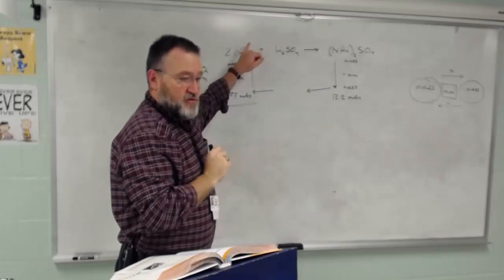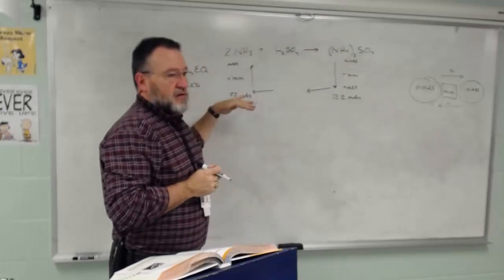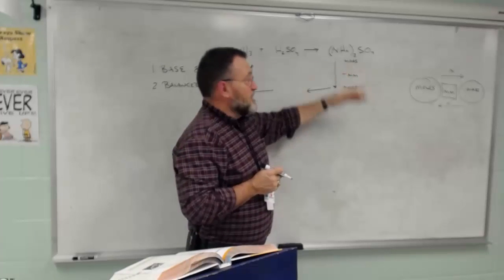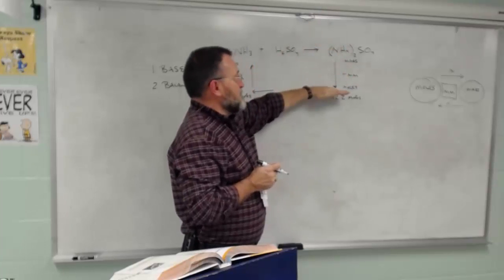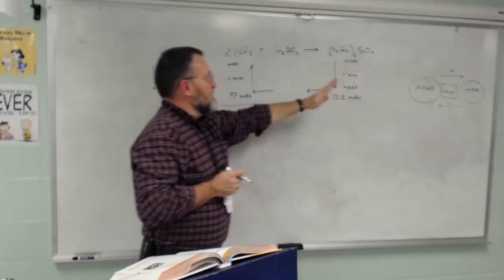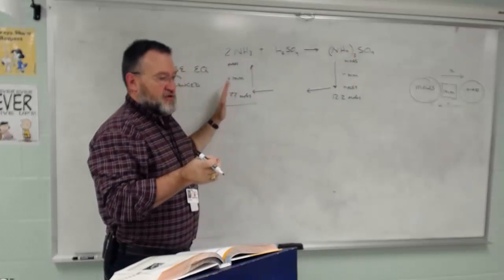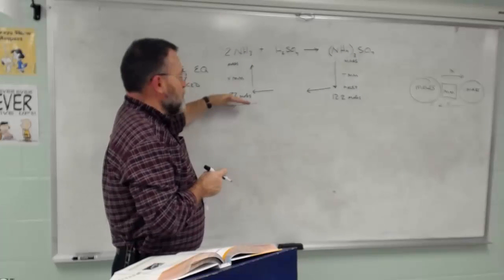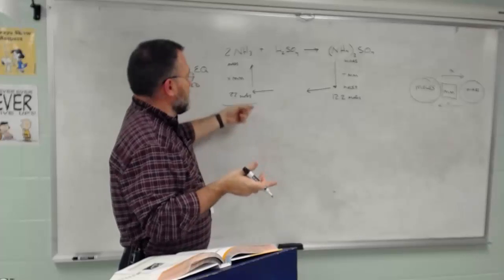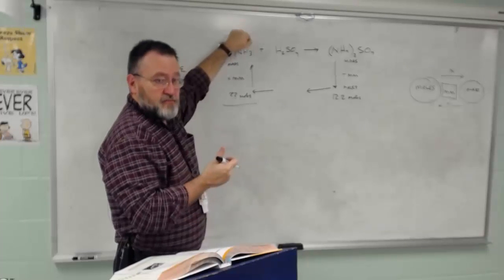As we continue to perfect this method, wherever you're starting from the given, you're going to go from the given mass to the given moles by dividing by the molar mass of that molecule. You're going to move from moles of the given to moles of the unknown using the stoichiometric coefficients, and we'll do that in just a moment. And then you're going to move from moles if necessary. If it says solve in moles, there's your answer. If it says solve in grams, you've got one more step. You need to multiply by the molar mass of that molecule to figure out the grams.